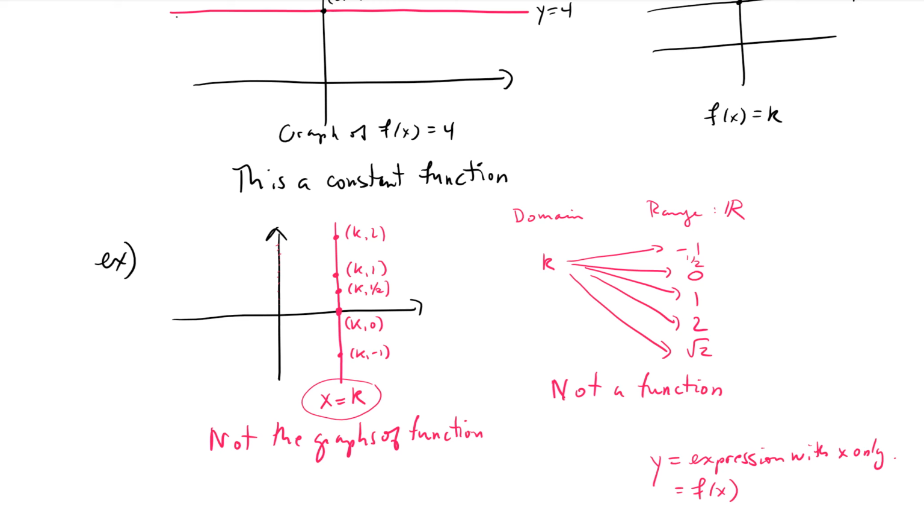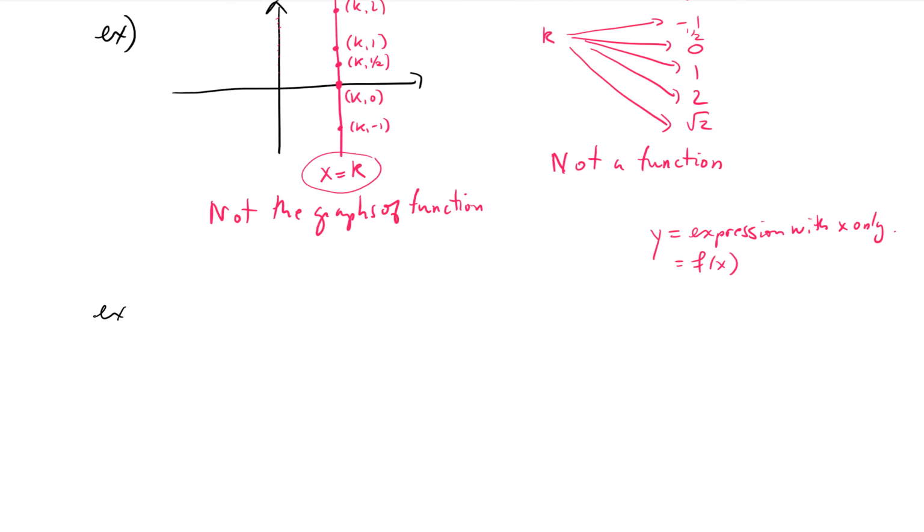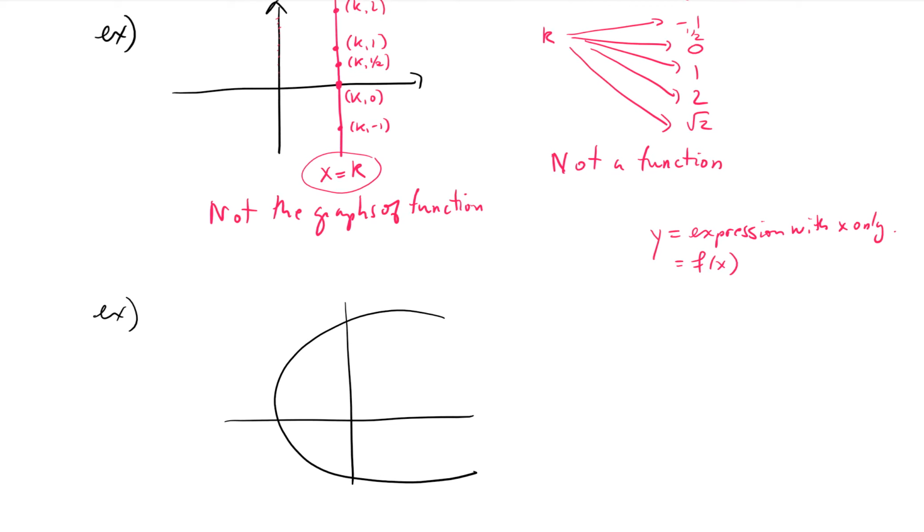Similarly, if there are two points which have the same x values but different y values, that's not going to be the graph of a function. So I'll show you other cases where I don't have the graph of a function. So imagine you have something like this. If you can draw a vertical line anywhere, and here it actually works in many places, and it crosses the graph in two different points, that's not going to be a function.